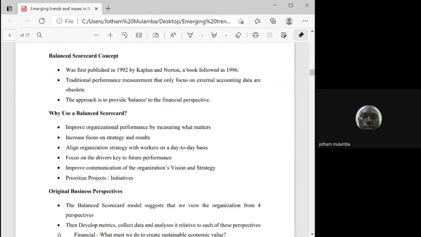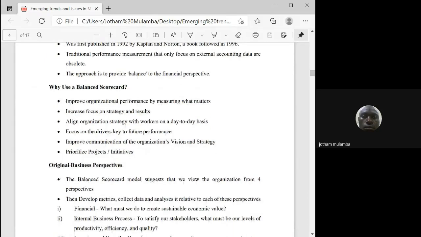The reasons why we need to use the balanced scorecard: one, to improve organizational performance. When we strategically align our employees to particular activities, we avoid instances where a lecturer misses a class because he had gone out for marketing, whereas we have a marketing officer.